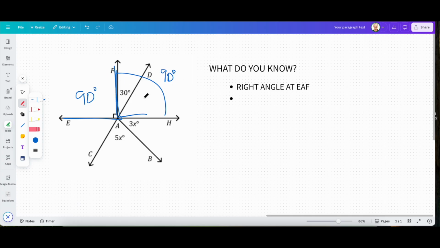And so we can find, I'm going to call this angle A. We can find A by saying 90 minus 30 equals A. Another way to think about this is 30, and this is probably the way I should have started with. 30 plus A equals 90.